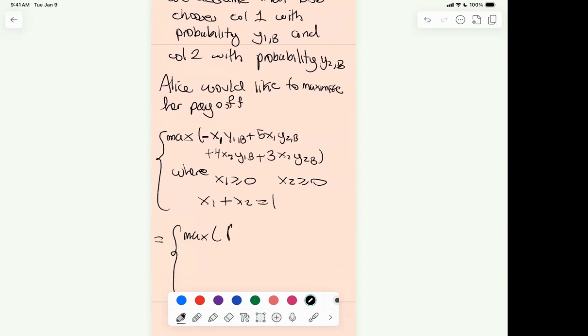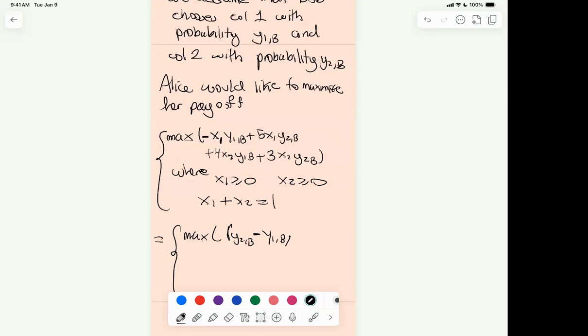So it would be y2 b minus y1 yb, comma, then the other one would be 4.